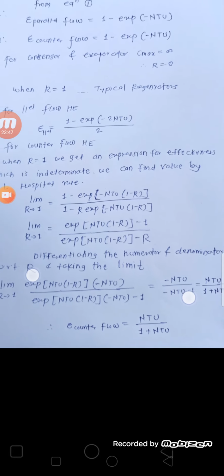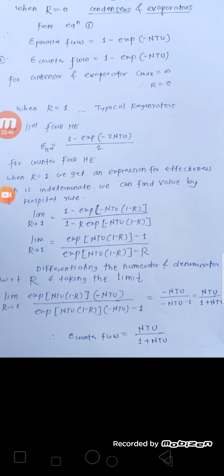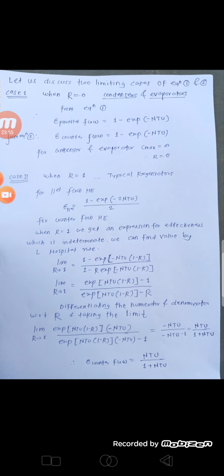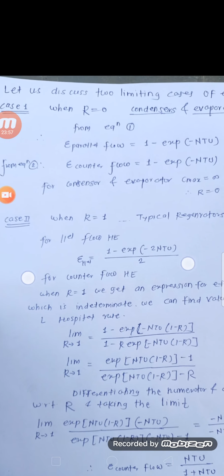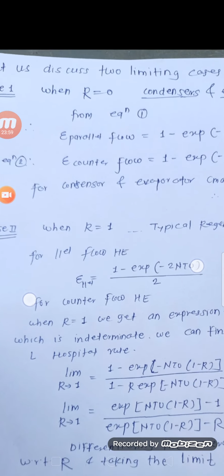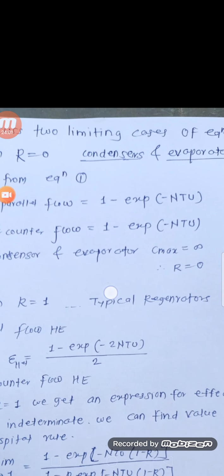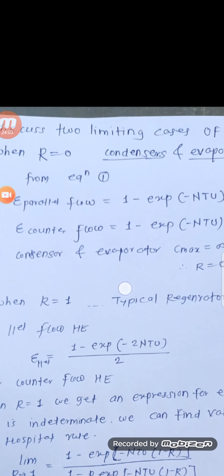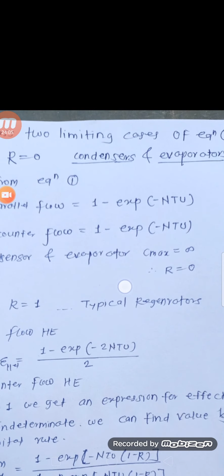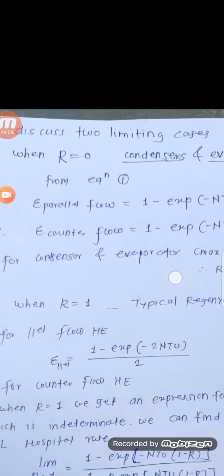So by using this formula, we find the effectiveness of the counter flow heat exchanger when R is equal to 1. So case number 1, when R is equal to 0, the effectiveness of parallel flow and counter flow heat exchanger is the same, and the value is 1 minus exponential of minus NTU.